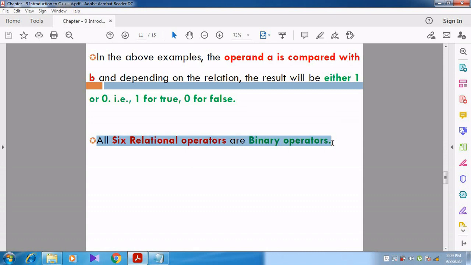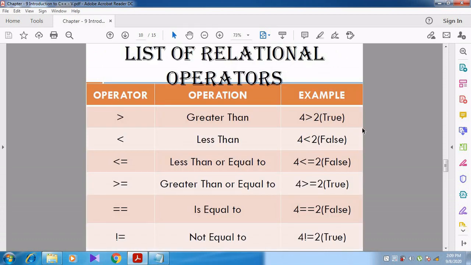Relational operators are binary operators. What is meant by a binary operator? A binary operator requires 2 operands. Here there are 2 operands: the first operand is 4 and the other is 2. Arithmetic operators are also binary operators.